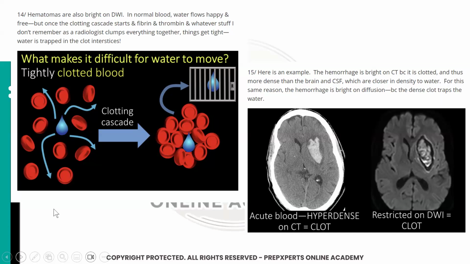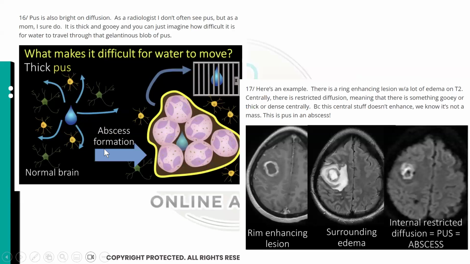Okay, so what next? Another thing that can restrict water movement is thick pus. This is very important. I'm trying to build your concepts about what the possibilities are if you are given a stem which shows that the diffusion restriction is positive. So what is happening here? Thick pus, abscess formation.